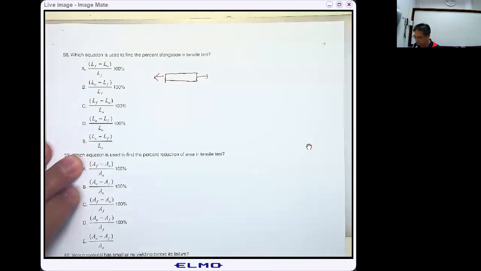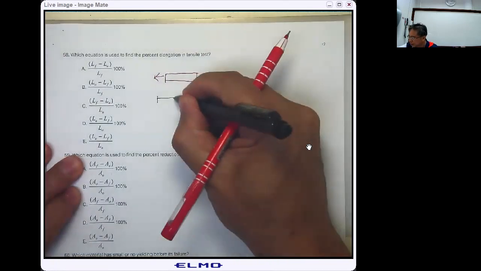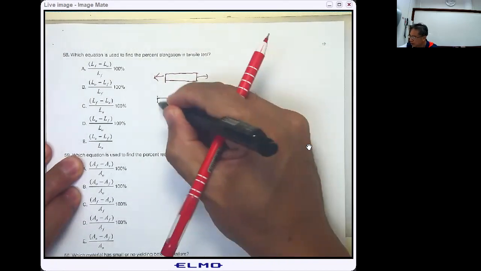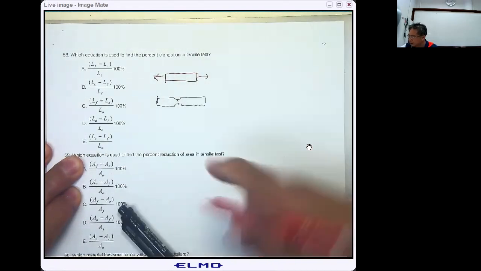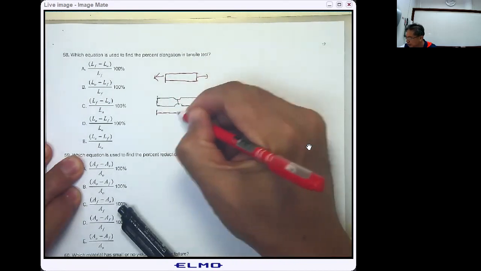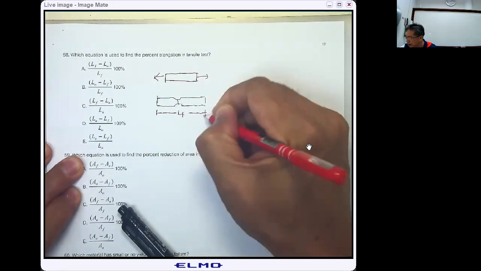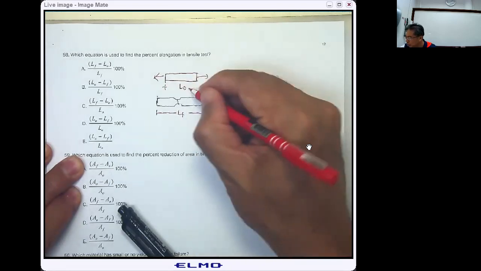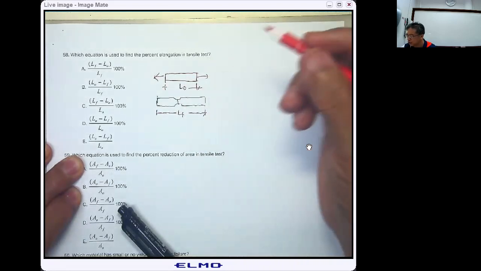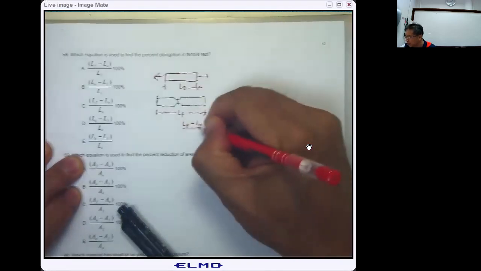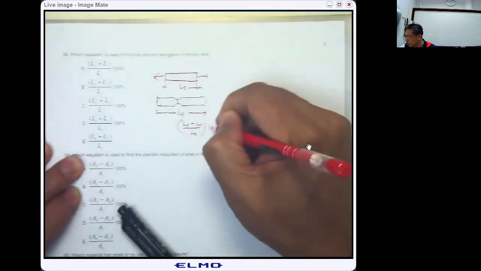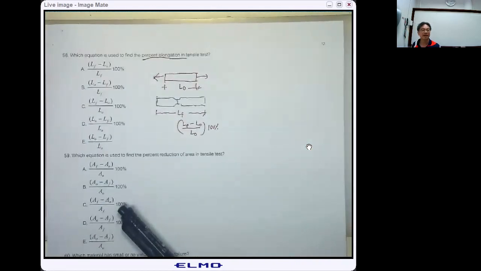After the failure, this specimen will have a kind of necking, and then when you put them back together, you measure this one to be L sub F, and this one is L sub O. Then the equation is L sub F minus L sub O divided by L sub O times 100%. That is going to be percent elongation.